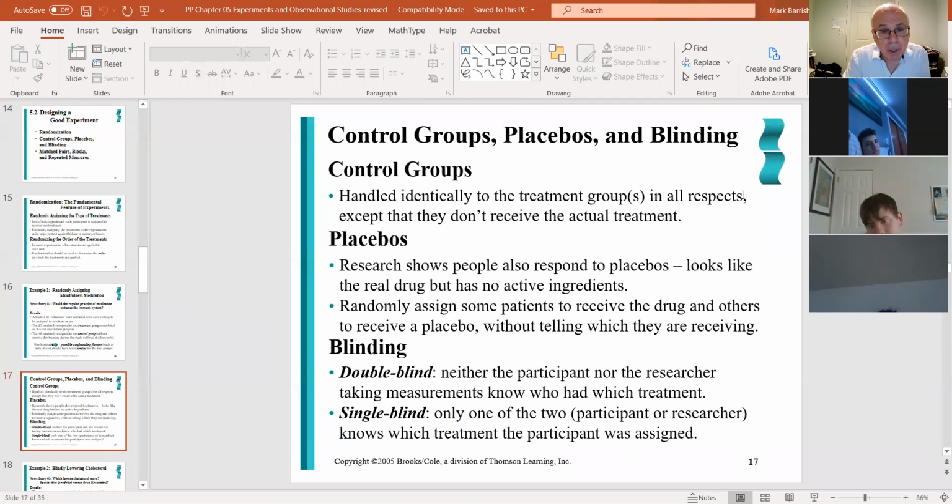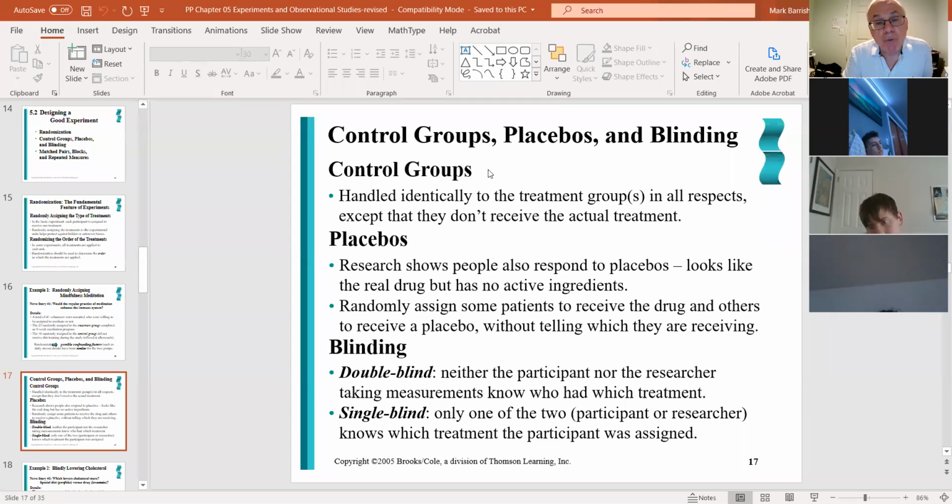There we go. So let's look at some additional definitions that could be involved with a study like this. Number one, a control group.